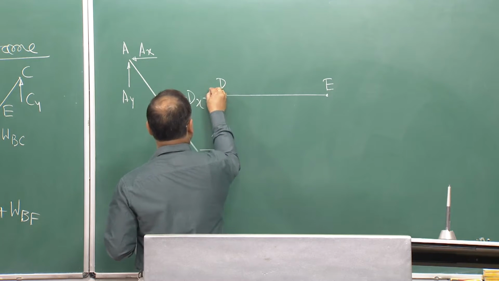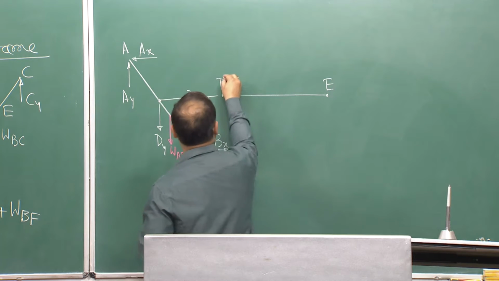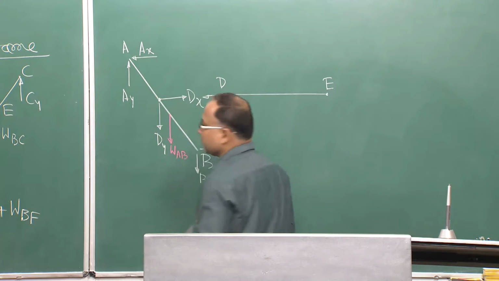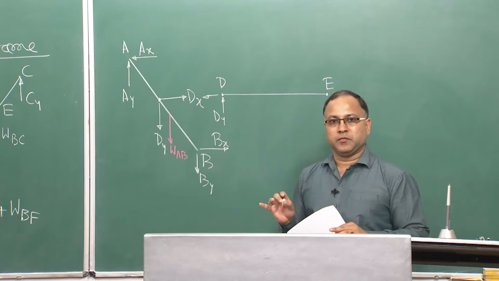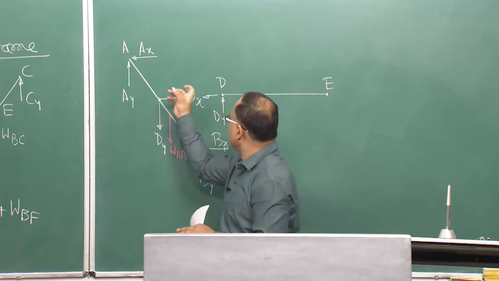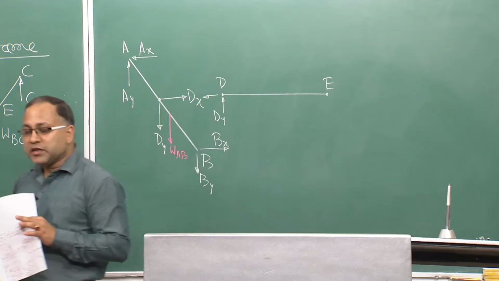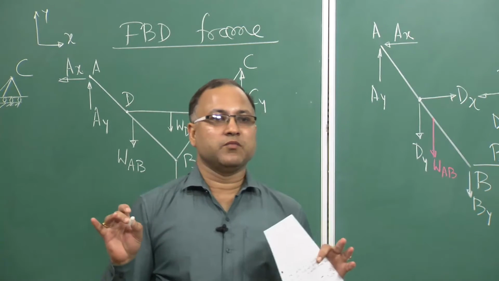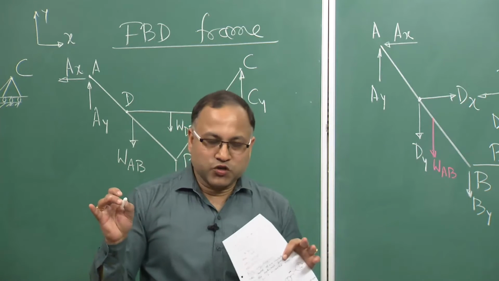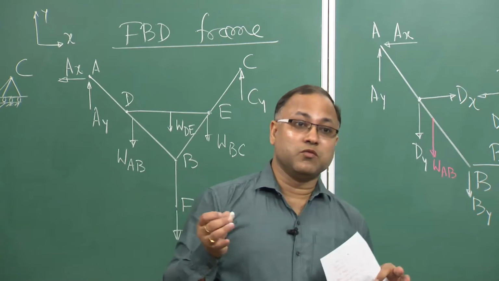This is your Dx and Dy; I have shown Dy vertically downward, so here it should be upward. This is the only thing you have to remember. If you choose Dx in this direction here, on the other member Dx will be in the opposite direction. That you take care of. The rest of the things will come automatically from the analysis. You need not think about that. So, do not scratch your head over the selection of the direction of the forces.